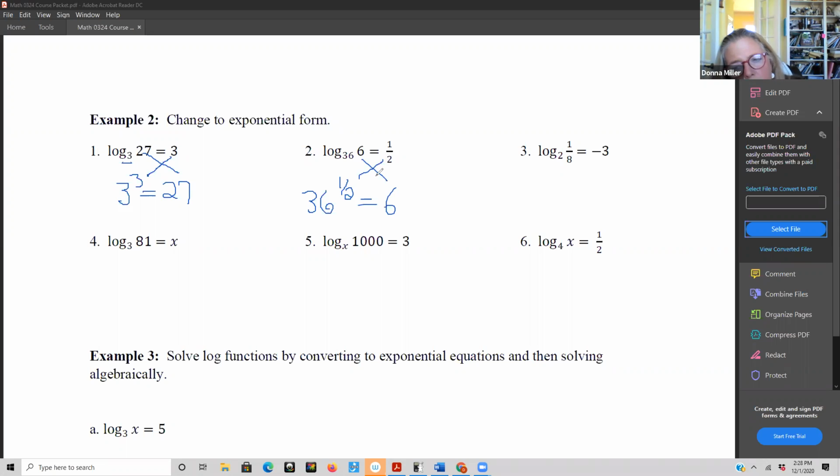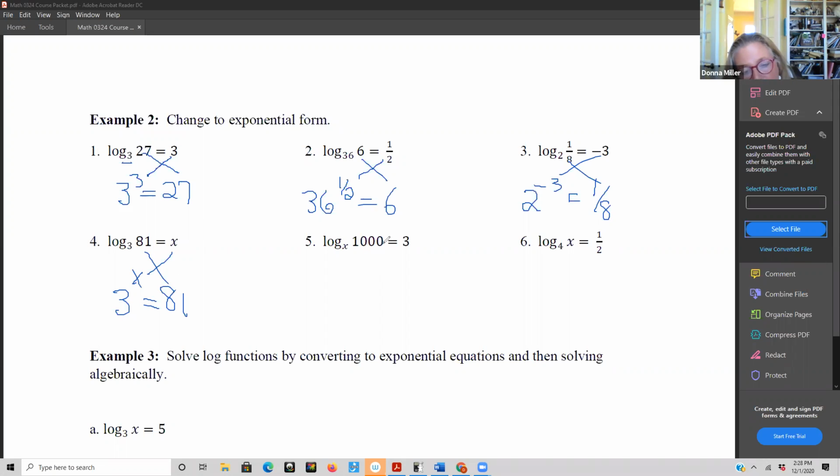All right, so this guy, base is 2. So it's 2 to the negative 3 is 1/8. I just switch them. This guy, even though there's an x, I still follow the rules. It's 3 to the x equals 81. So you see, I keep the base, switch y and x.